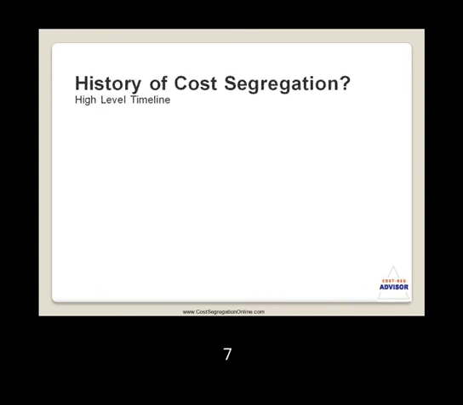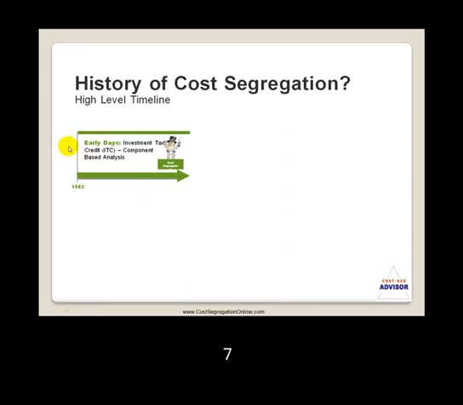So the history of cost segregation. Here's a high-level timeline. Let's start with the early days. The very first version of cost segregation came through the investment tax credit, which was a component-based analysis type of process.